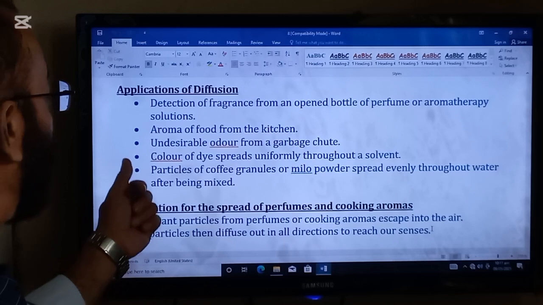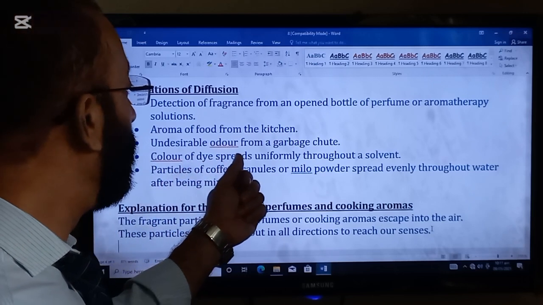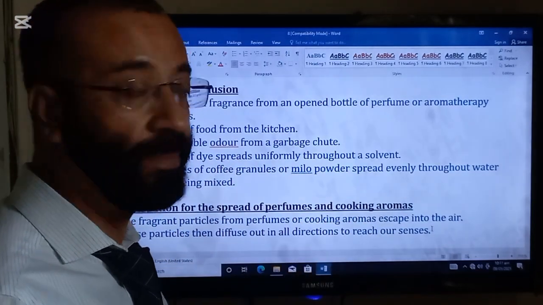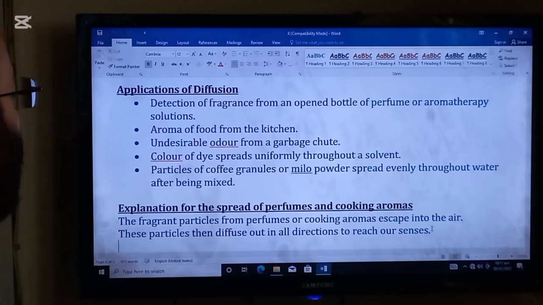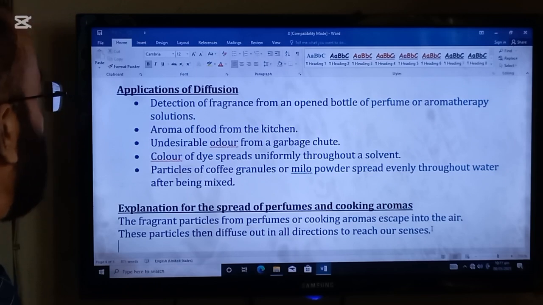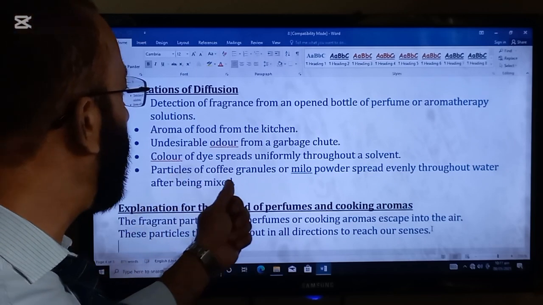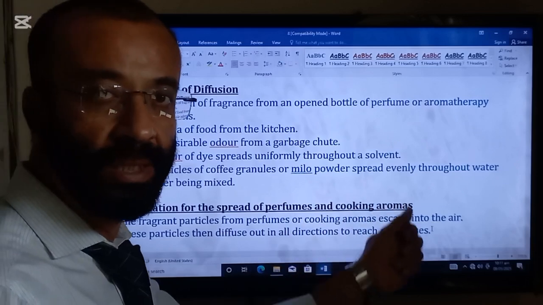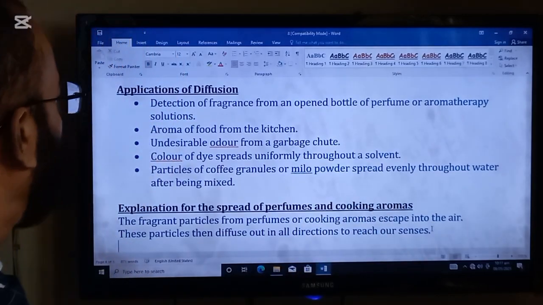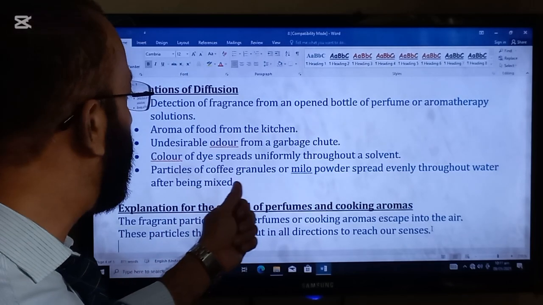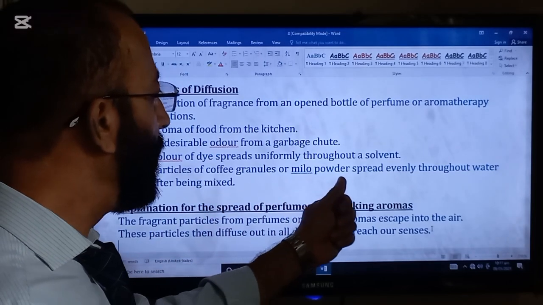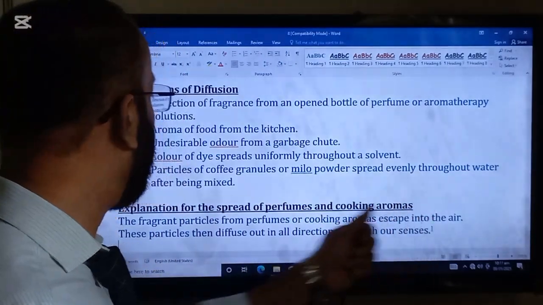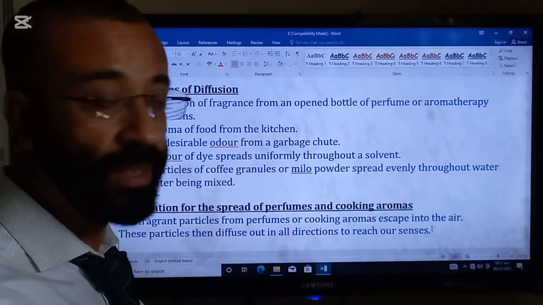Next application is undesirable odor from a garbage chute. And another application is color of the dye spread uniformly throughout the solvent. And another application may be particles of coffee granules or Milo powder spread evenly throughout water after being mixed.